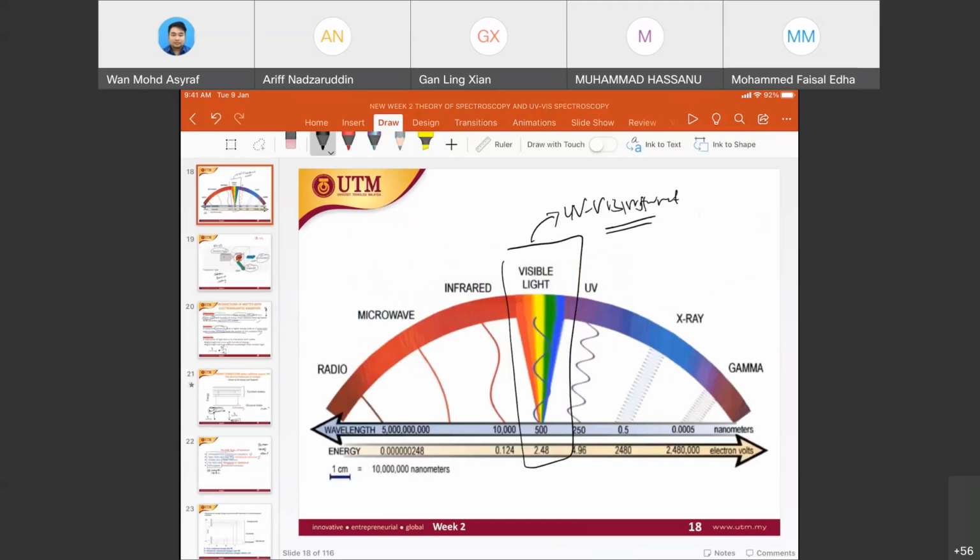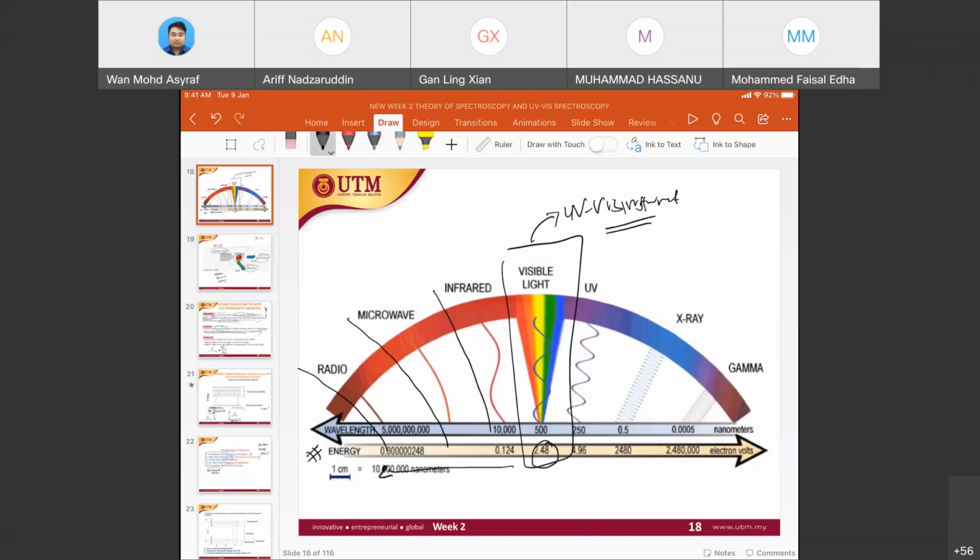The energy here is around 2.48 electron volts. But when we look at infrared or microwaves or radio waves, it is much lower than the visible light.